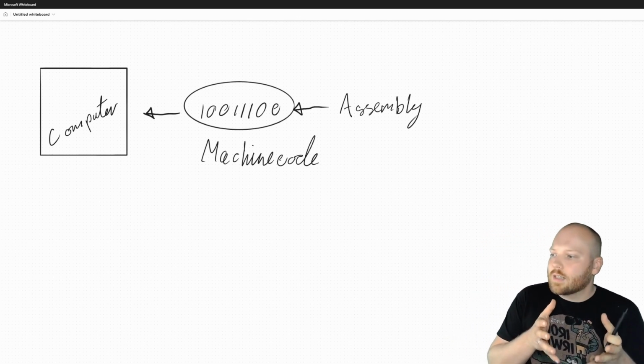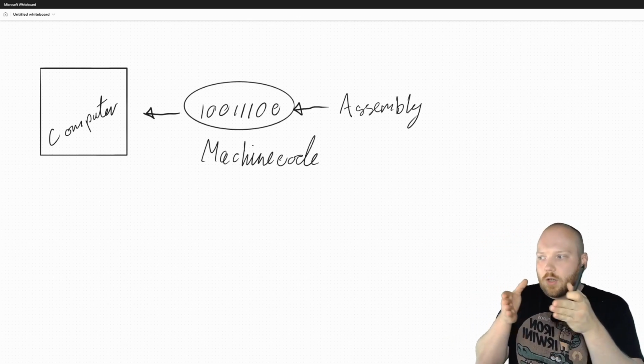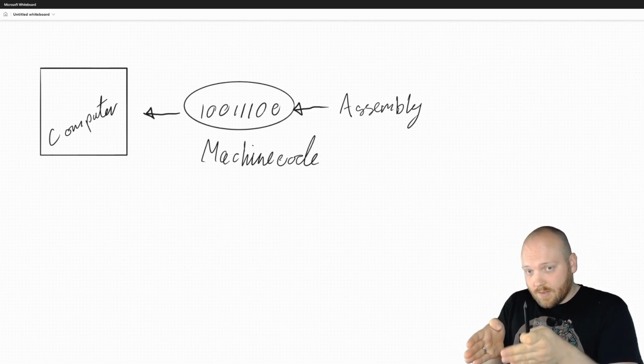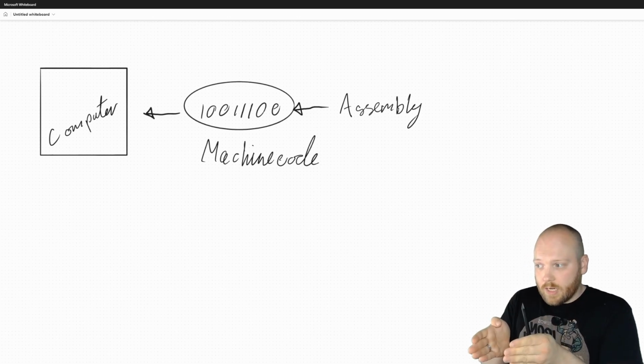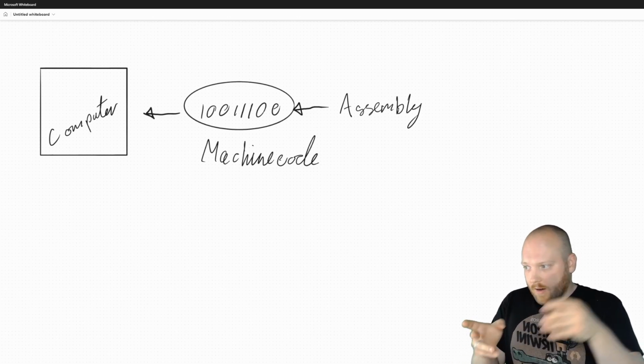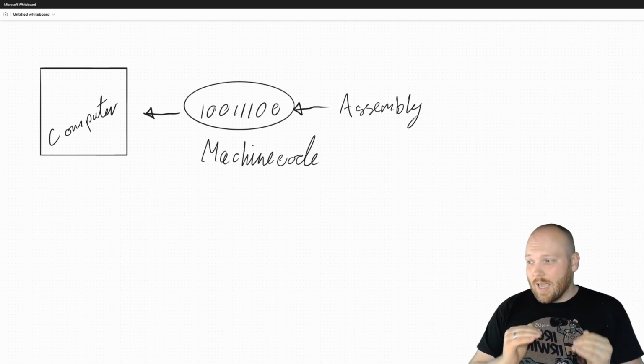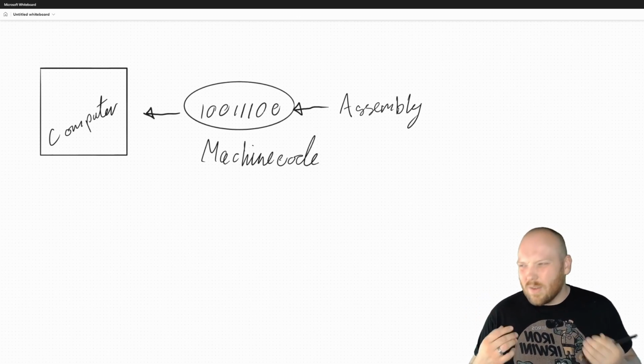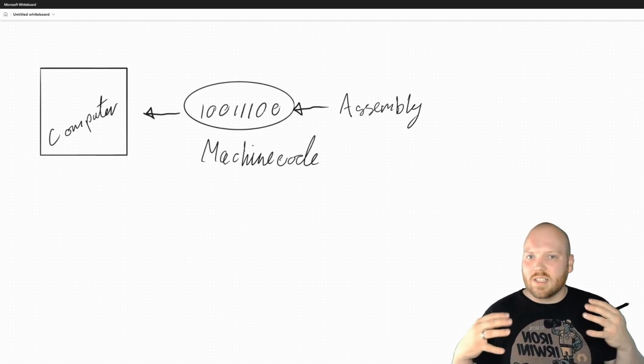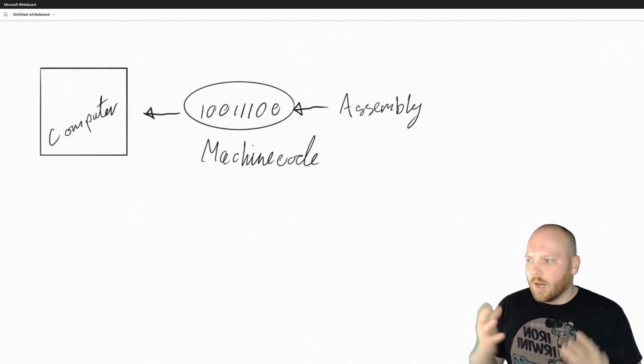In assembly, you write things like go to this very specific address in memory, and write something there, and you can do bitwise operations and a bunch of very low-level stuff that we don't really want to think about.